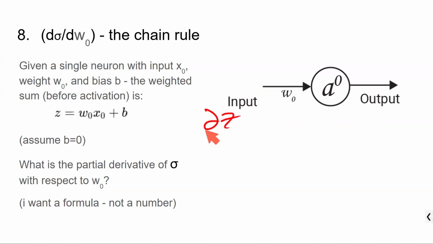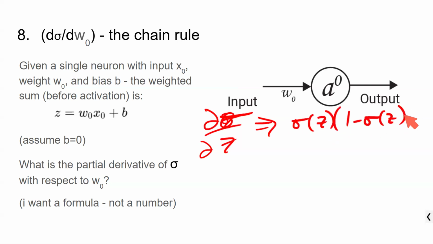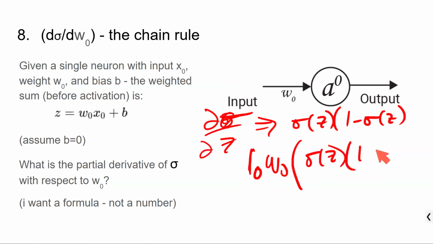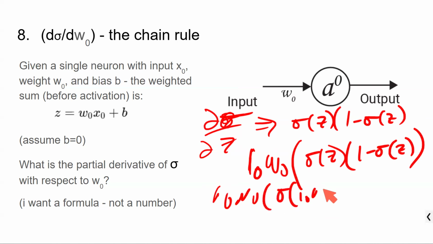Now d sigma dZ is sigma of Z times 1 minus sigma of Z. And if we apply the chain rule over here, this would effectively say I0 W0 times sigma of Z times 1 minus sigmoid of Z, which also could be I0 W0 sigmoid of I0 W0 times 1 minus blah, blah, blah.